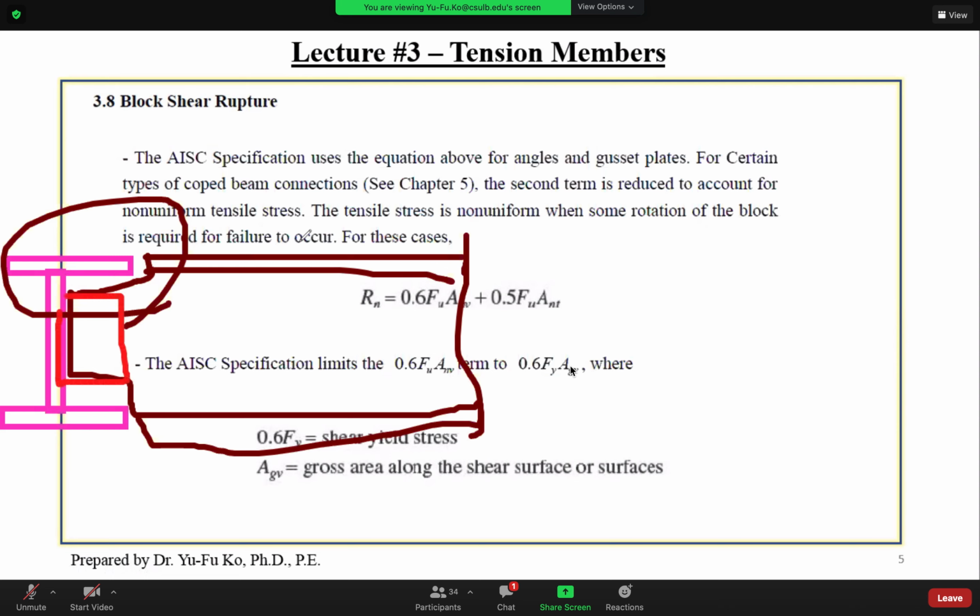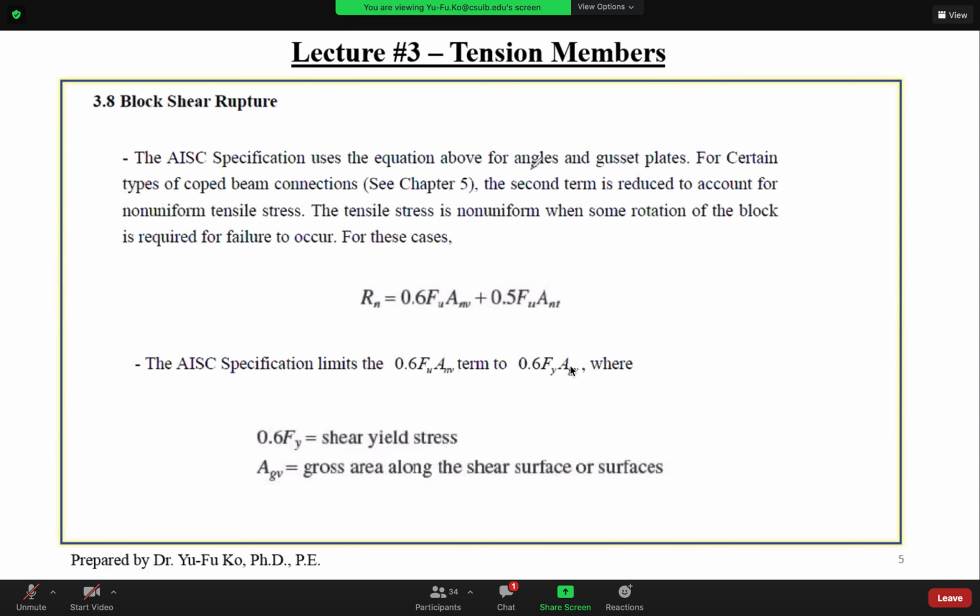In the coped beam connections, the second term in the block shear equation will be reduced to account for non-uniform tensile stresses. For those cases with non-uniform stresses, you need to multiply by 0.5 on the second term.